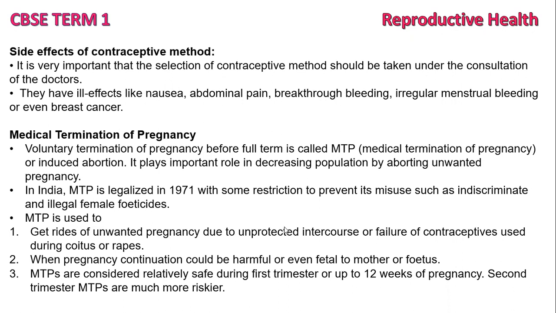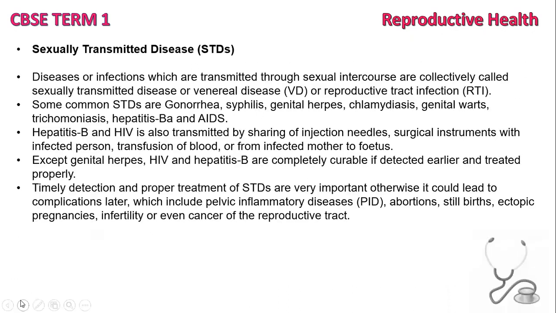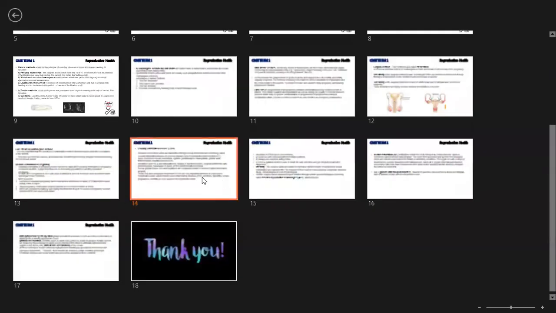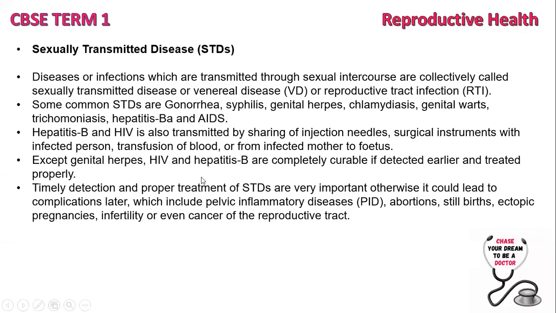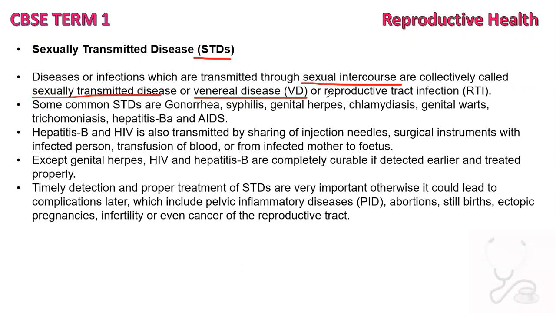Okay, everybody. Coming on to the next part, that is sexually transmitted diseases. Let me show you how many slides are left. We have only 3 more slides left to complete this easy peasy chapter. Things that are transmitted through sexual intercourse are called sexually transmitted diseases, STDs, or venereal diseases, VD, or RTIs, reproductive tract infections.